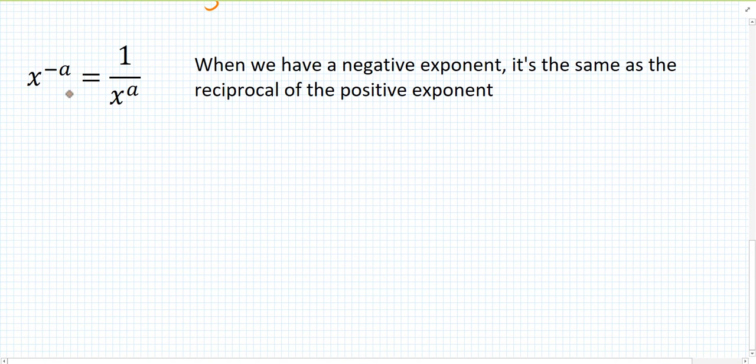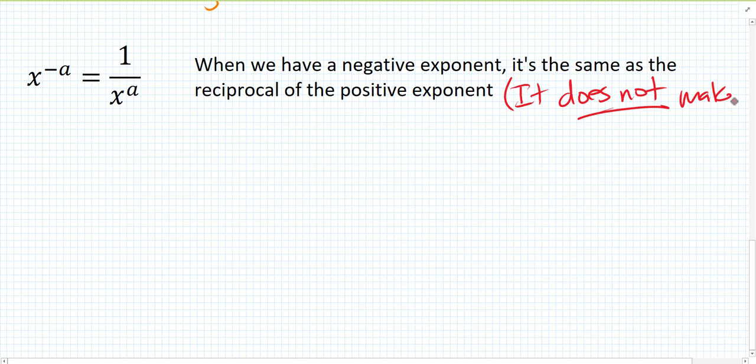Finally, for the last property, and this is also something that's confusing us a little bit, and I should have added something to that. But when we have a negative exponent, it's the same as the reciprocal of the positive exponent. It doesn't make the value a negative.